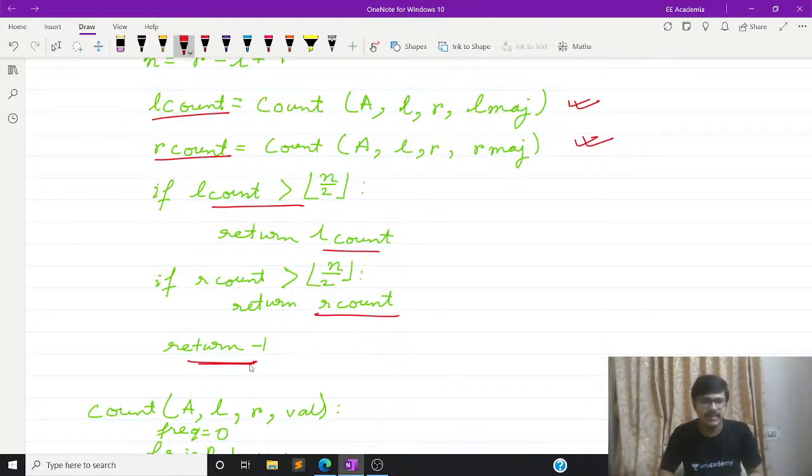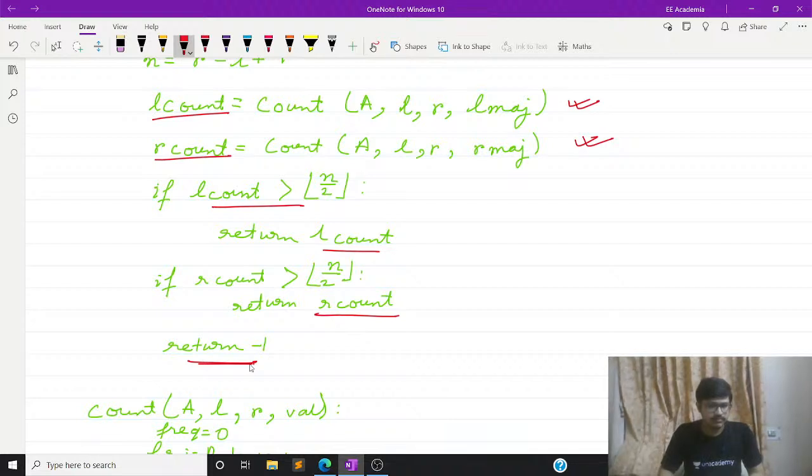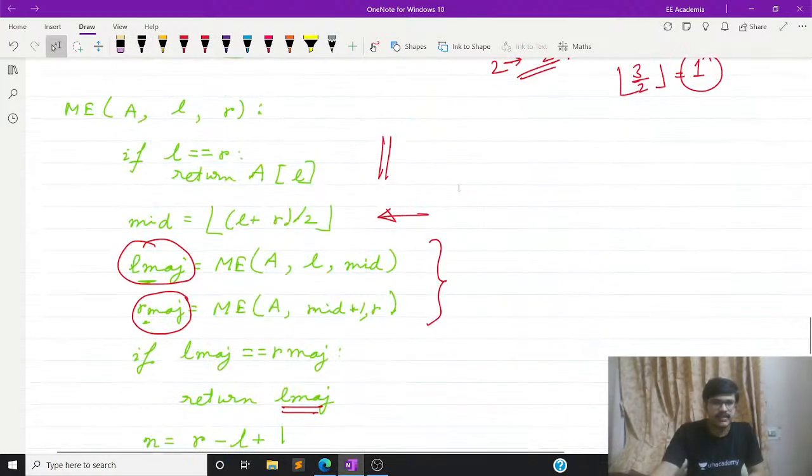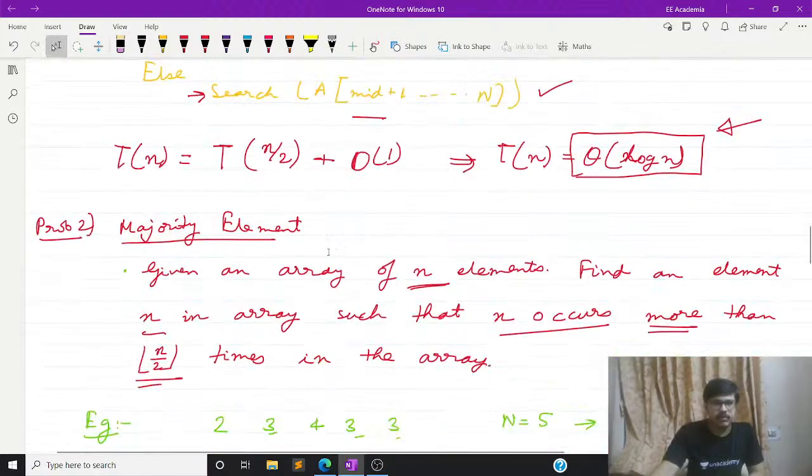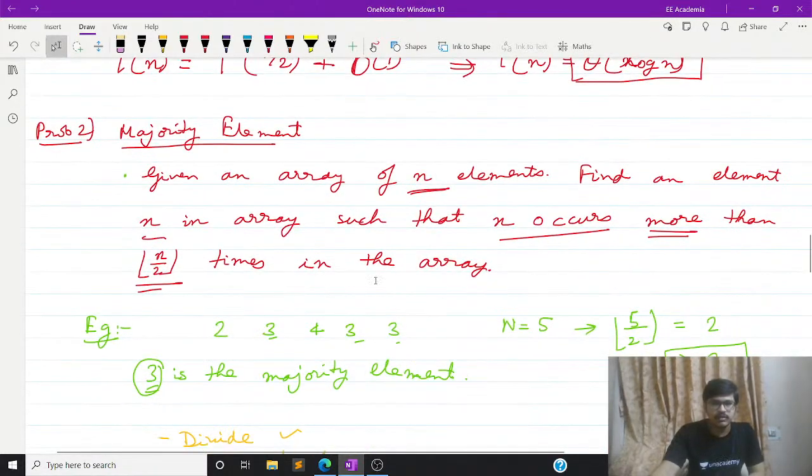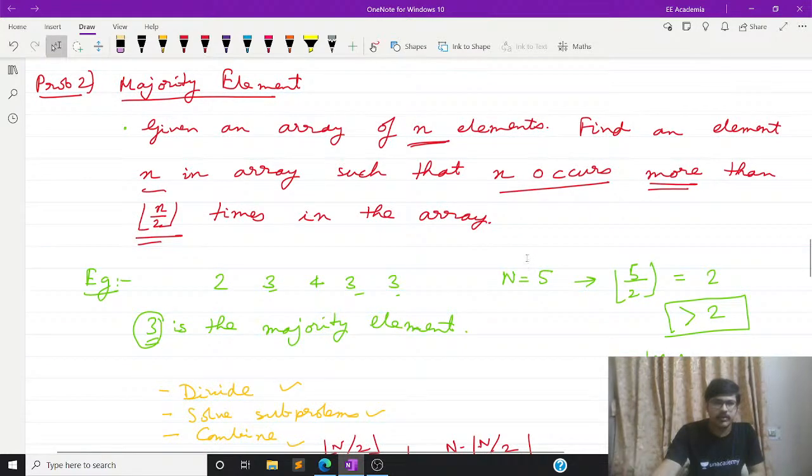So that is the basic idea here. Do you understand how we can solve this problem? Is it clear? Just look at this problem we are solving. Is it clear how we can solve this problem actually?